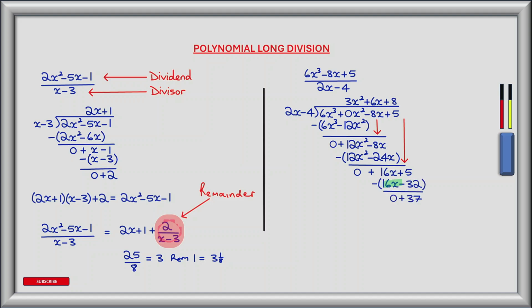Subtracting 16x minus 32 from 16x plus 5, we have 16x minus 16x gives 0, and then we have 5 minus minus 32 gives us plus 37. So our final answer is 3x squared plus 6x plus 8 plus a remainder of 37 divided by 2x minus 4.